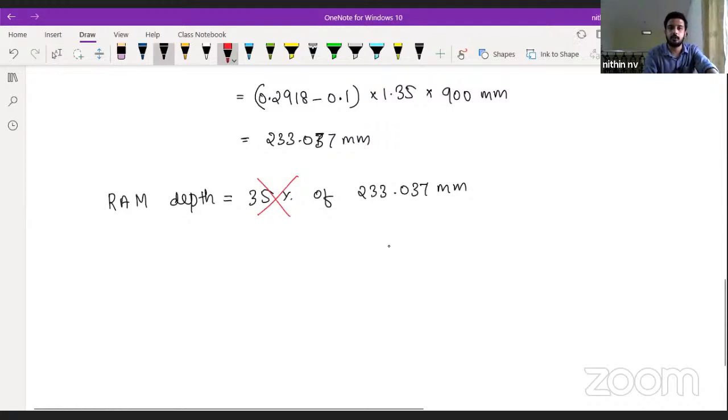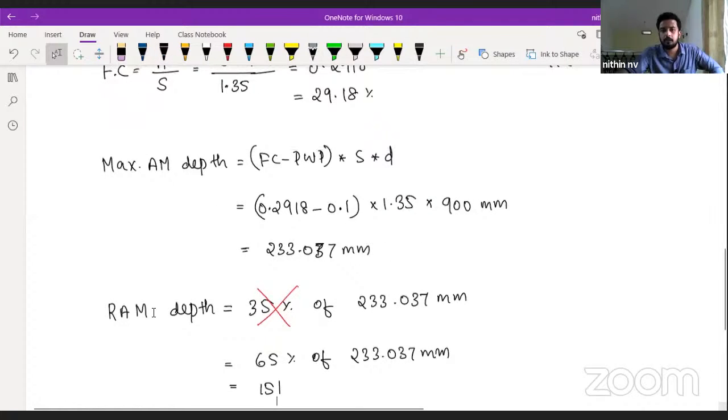So this is wrong. So that will be 65% of 233.037 mm. How much are you getting? 151.037, no? Yes. Are you getting around 151? Please comment, everyone.